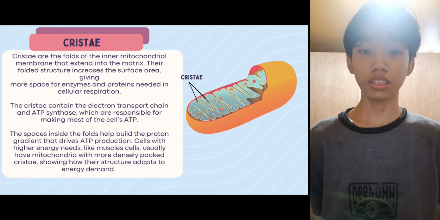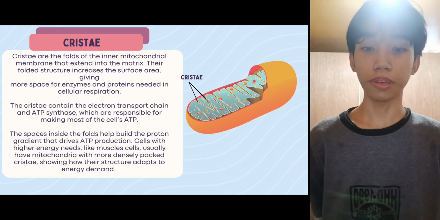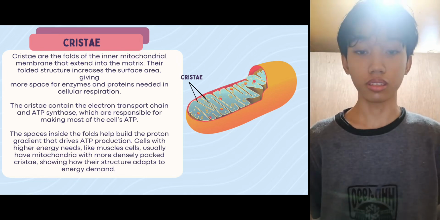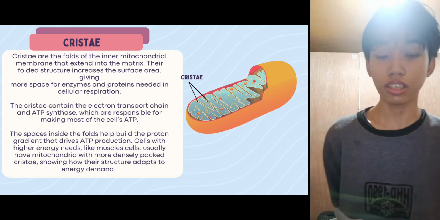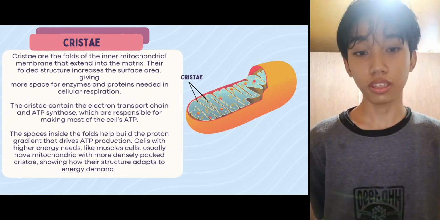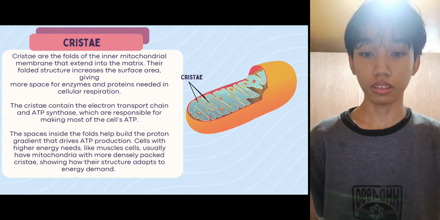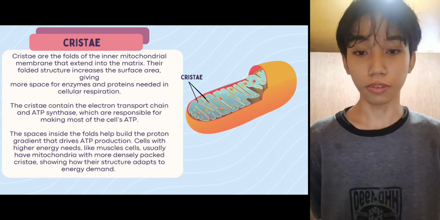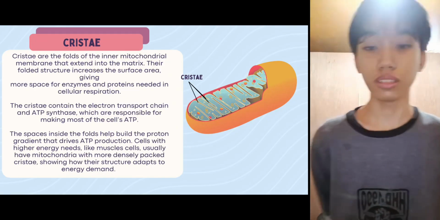Cristae. Cristae are the folds of the inner mitochondrial membrane that extend into the matrix. Their folded structure increases the surface area, giving more space for enzymes and proteins needed in cellular respiration. The cristae contain the electron transport chain and ATP synthase, which are responsible for making most of the cell's ATP.